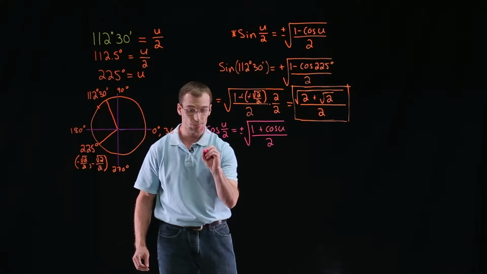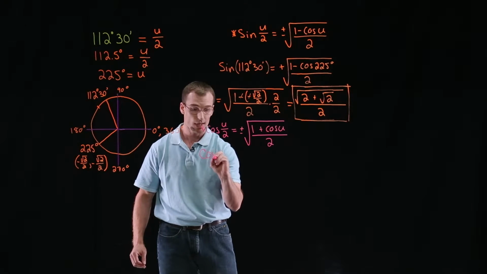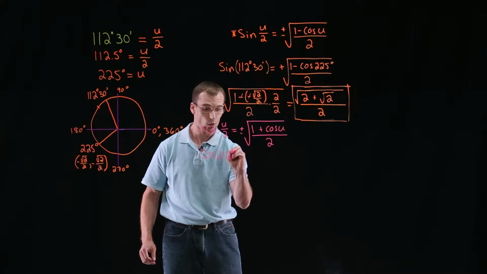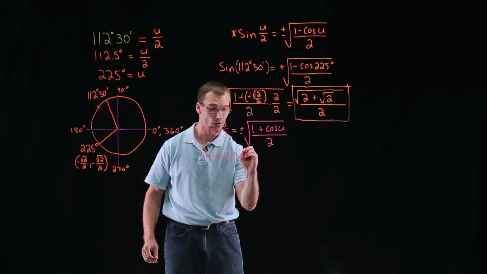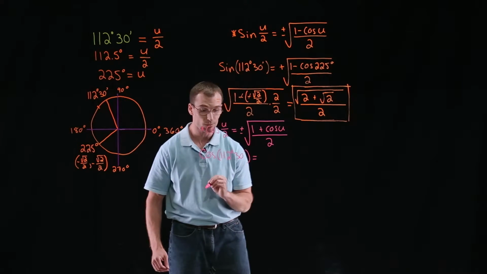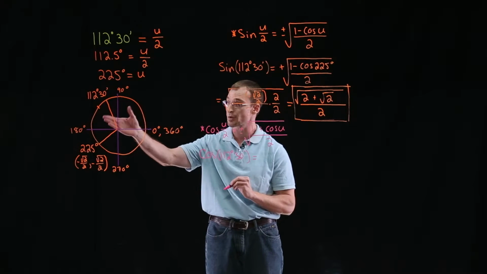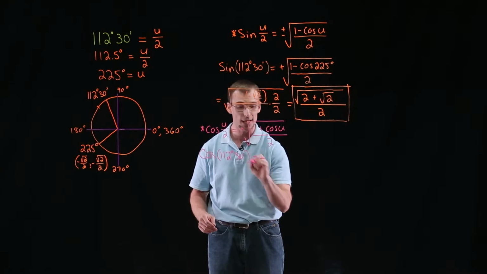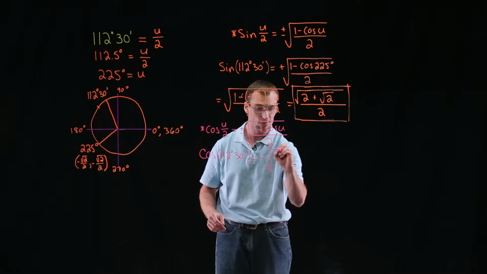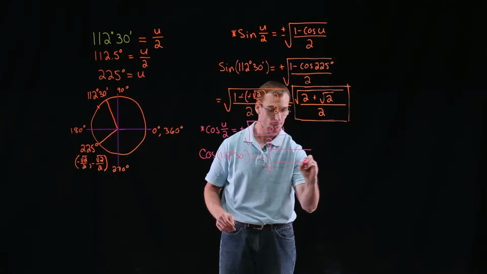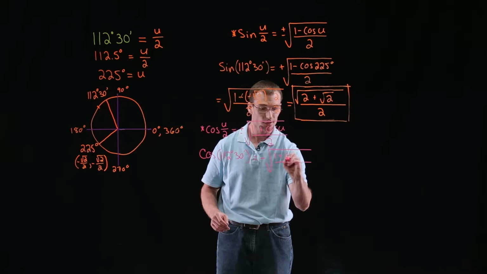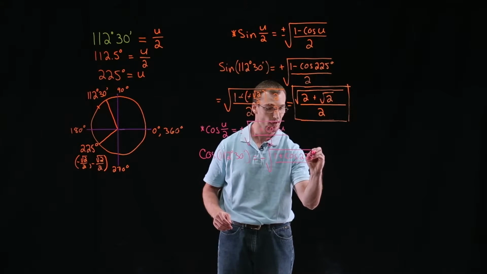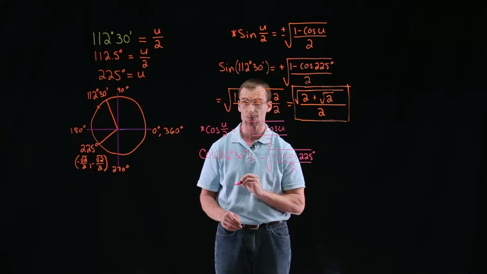So what we're going to have is cosine of our angle 112 degrees 30 minutes is equal to, again, noting where it is in the unit circle, it's in the second quadrant where cosine is negative. So we're going to take the negative of the square root. So we have negative square root of 1 plus cosine of our u angle, 225 degrees over 2.